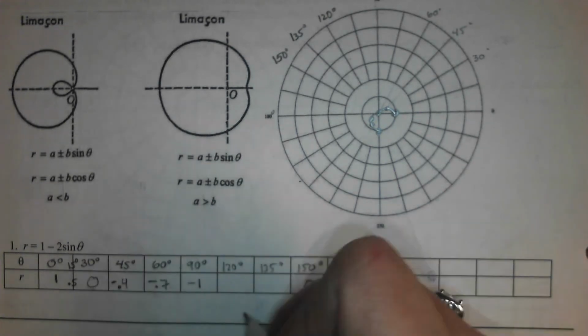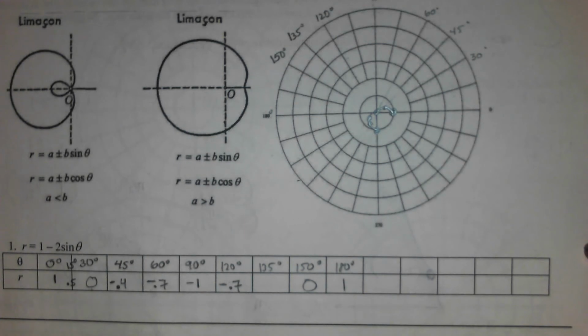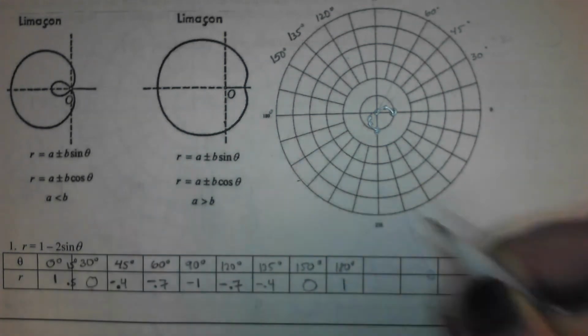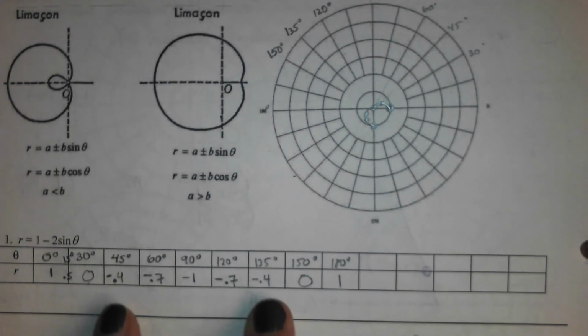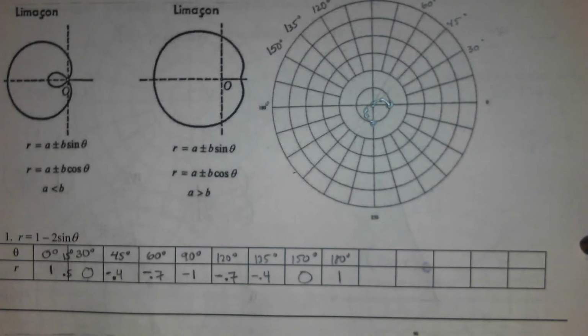Negative 0.7. 135 goes with negative 0.4. So I'm not surprised that 45 and 135 have a similar number. I don't necessarily know that they'll always have the same negative sign, but they both have the same reference angle of 45, so that makes sense.